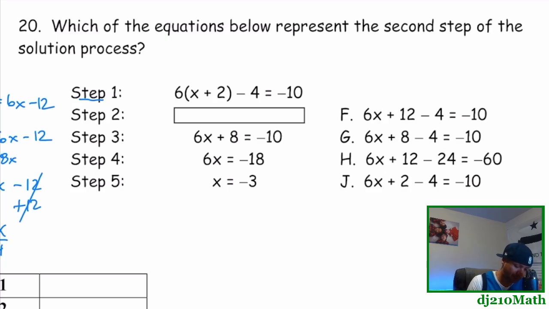So me personally, I like to distribute. So this would be 6x plus 6 times 2, which is 12, minus 4 equals -10. So let's see, is that one of our options? 6x plus 12 minus 4 equals negative 10.